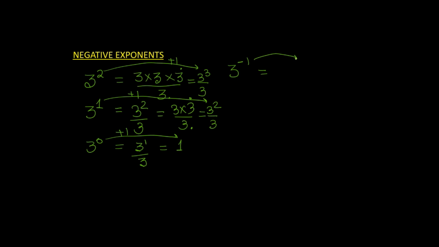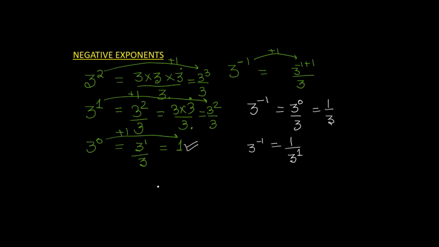So 1 more than negative 1 gives you 3 to the power negative 1 plus 1, and we divide it by 3. So 3 to the power negative 1 is equal to 3 to the power 0 divided by 3. And what is 3 to the power 0? It is 1. So 1 upon 3.